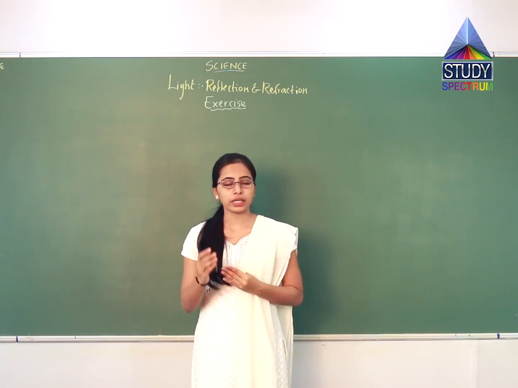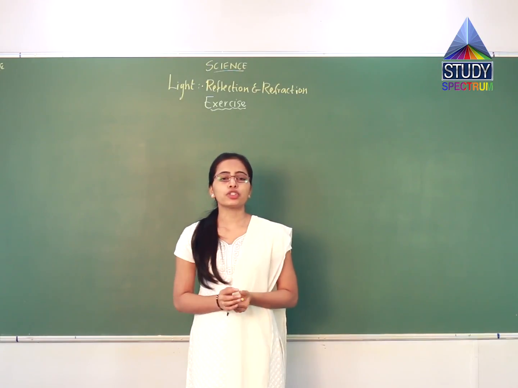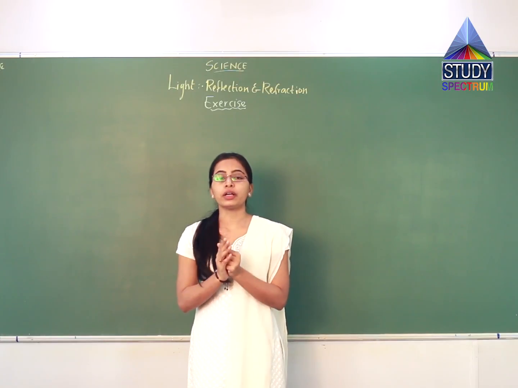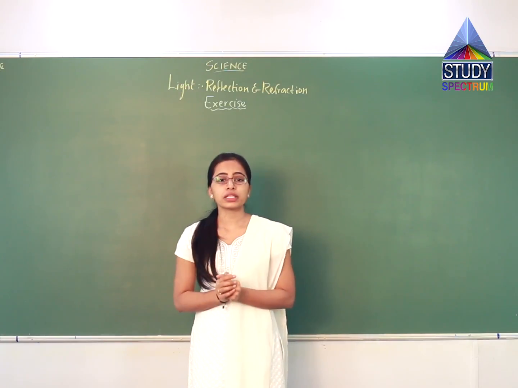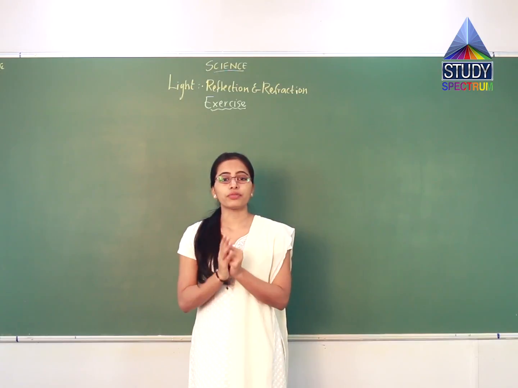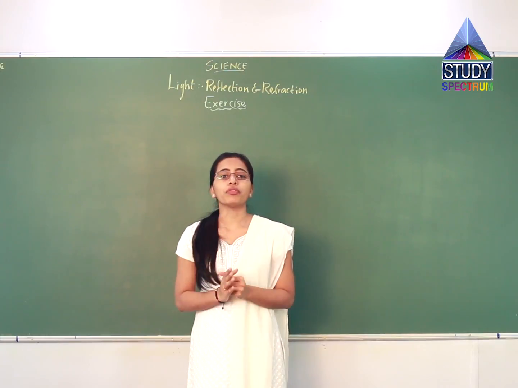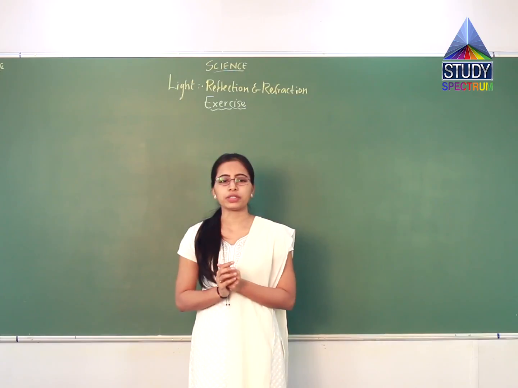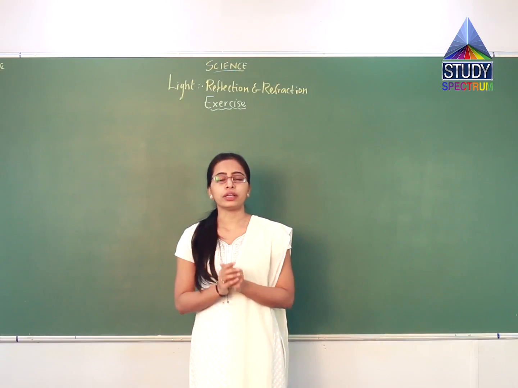So let us see the options and accordingly we will answer. The options are: a convex lens of focal length 50 cm, a concave lens of focal length 50 cm, a convex lens of focal length 5 cm, and a concave lens of focal length 5 cm.